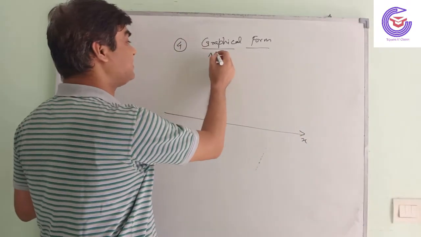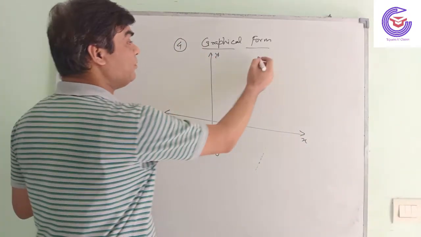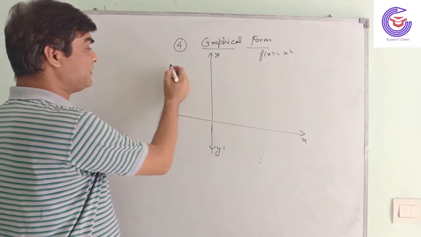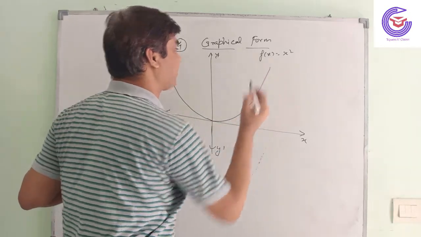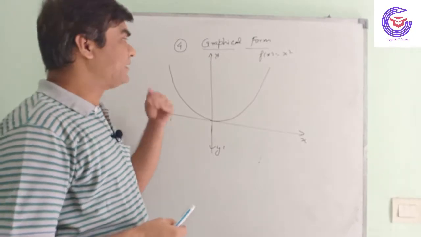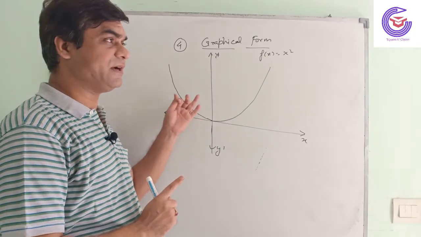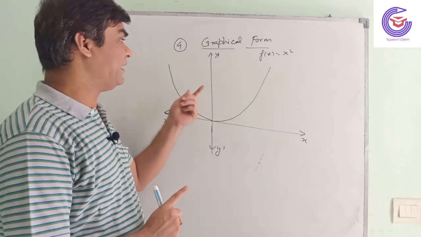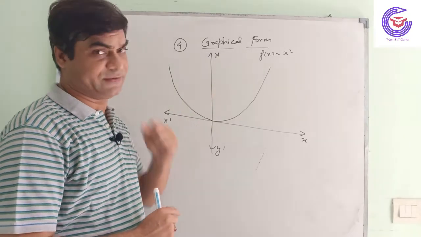So here your x-axis, y-axis, x dash, y dash, and you plot f(x) = x square. So this will come out something like that. Okay, so there are 4 ways to basically represent any function. First one is the arrow diagram. Second one is the enumerated order form, third is the tabular form, and fourth is your graphical form.